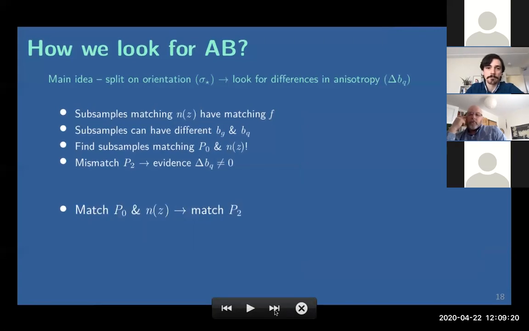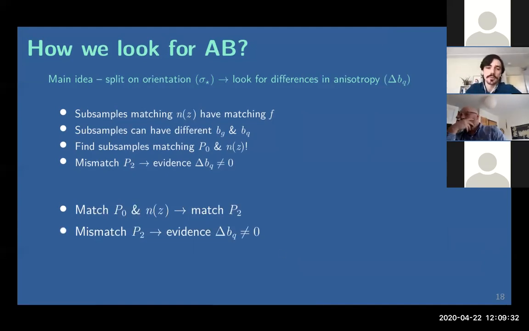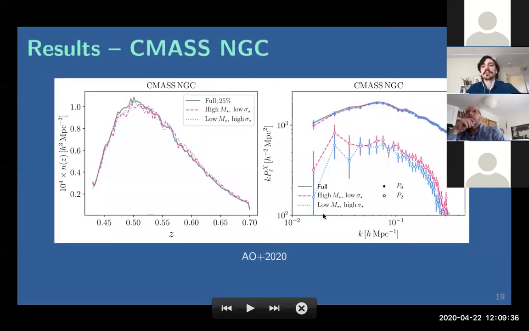So just to summarize, we try to match the monopoles and N of Z, and to see if we match the quadrupoles, and we don't, and I will show you now how much we don't match the quadrupoles. So these are the results, right?